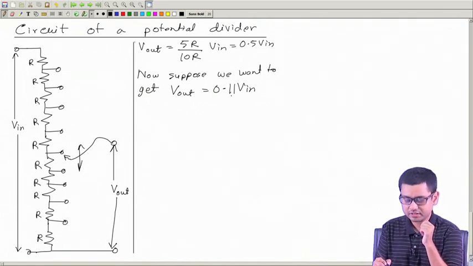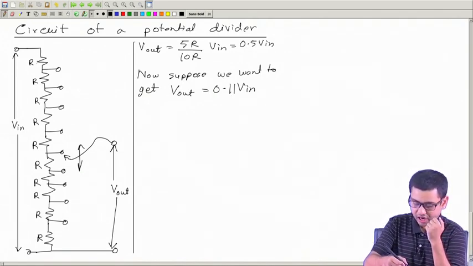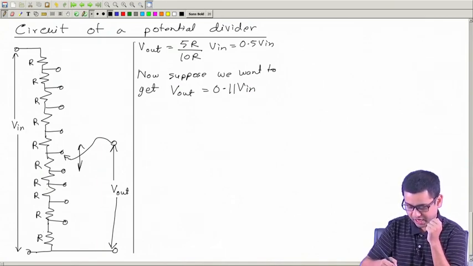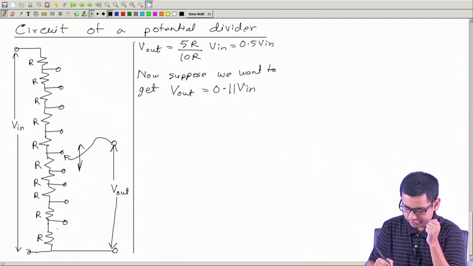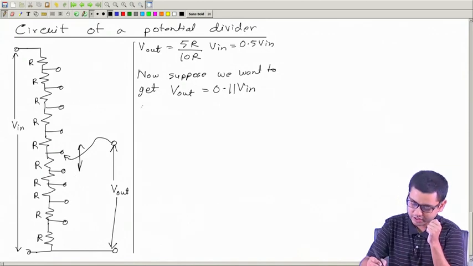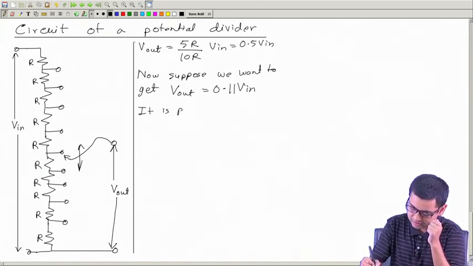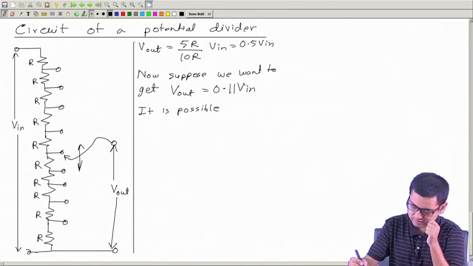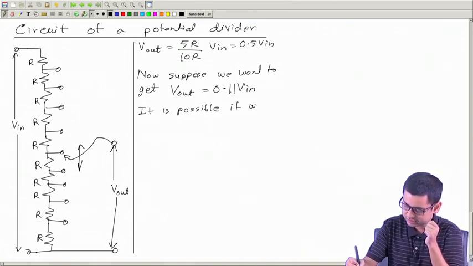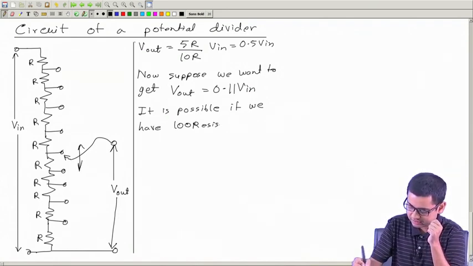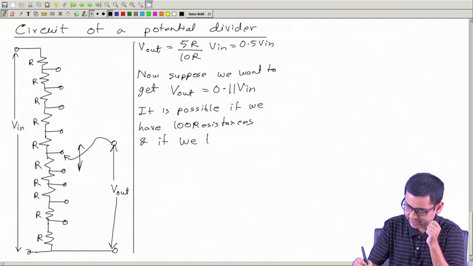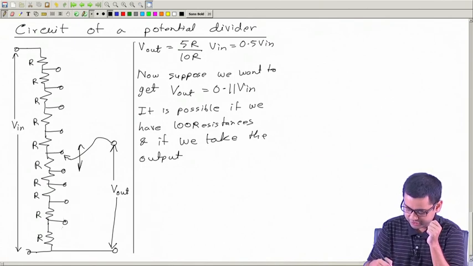How is that possible? That is possible if we have, say, 100 such resistances R, and we take the output from the 11th position. So it is possible if we have 100 resistances and we take the output after the 11th resistance.